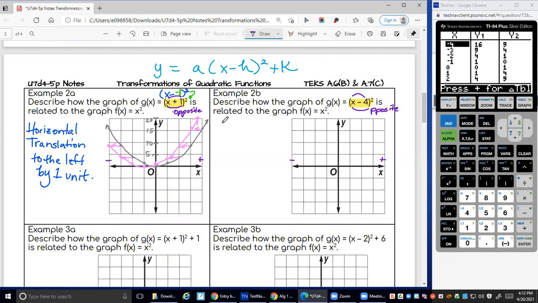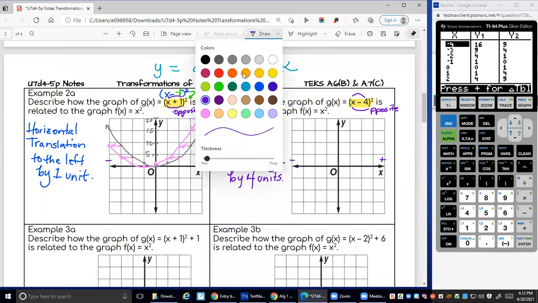So let's double check. I'm going to write it down just in case, because I know I'm right. Horizontal translation to the right by how many units? 4 units. And I'm going to verify this, okay?